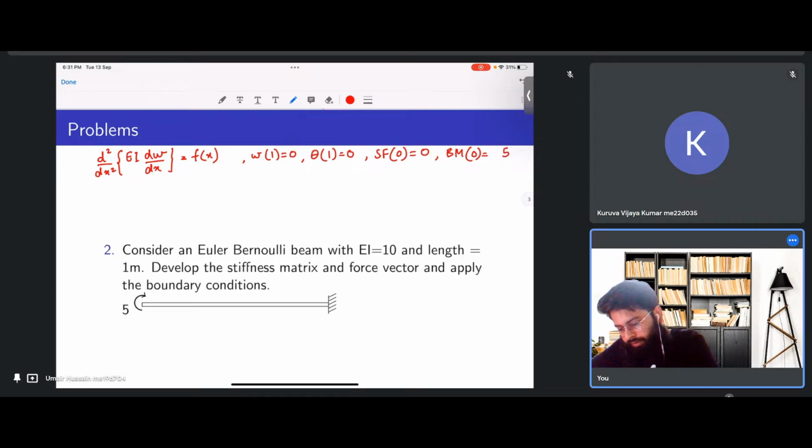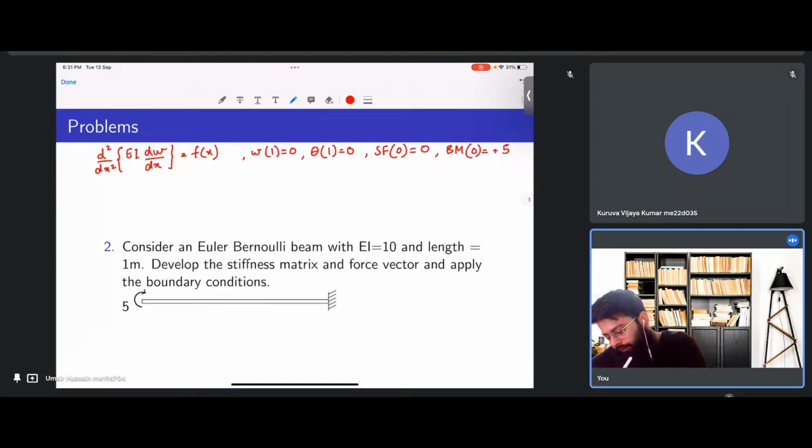What should be the sign of the bending moment here? Just a quick revision. Okay, do we get any answer? So since it's a clockwise direction, you'll have a positive 5. So this is the imposed problem, and we know how to get the weak form and the stiffness matrix term.